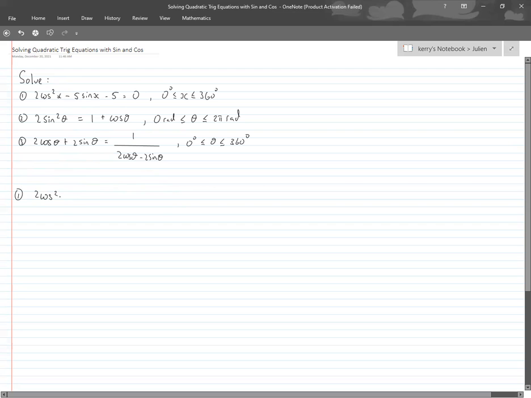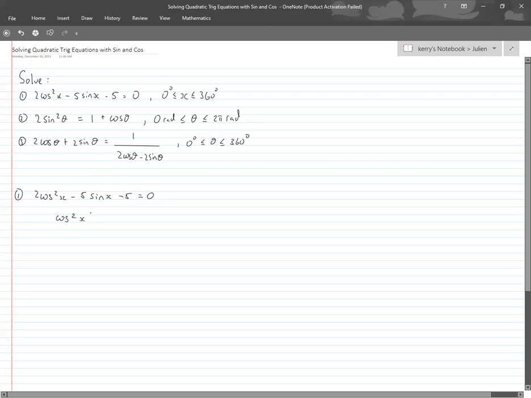All we have to do is get the equation in terms of sine or cosine only. Now, there's not an easy way to change sine x into cosine x, but there is a way that we can change cosine x into sine x using one of the identities that we did before.